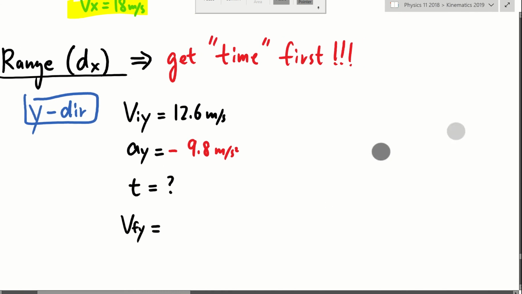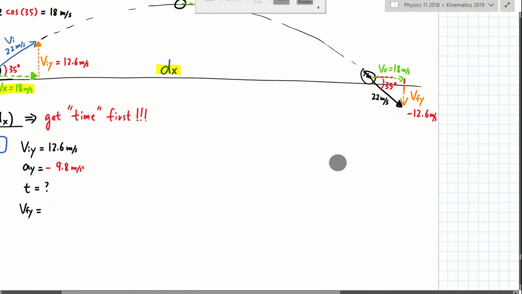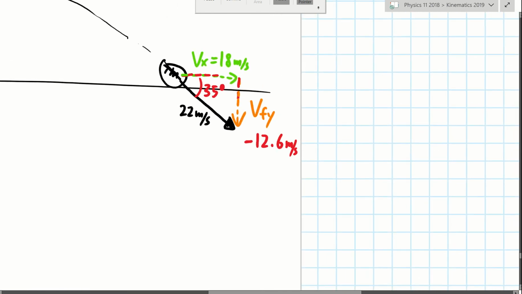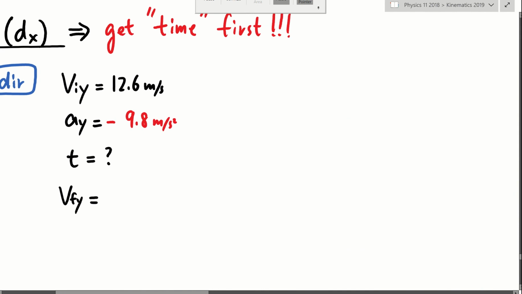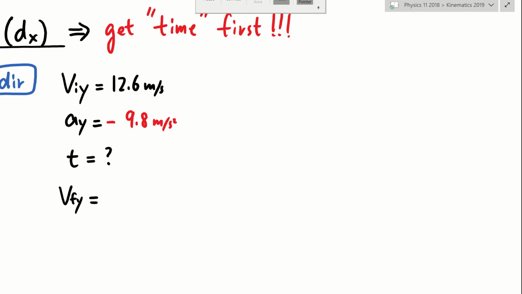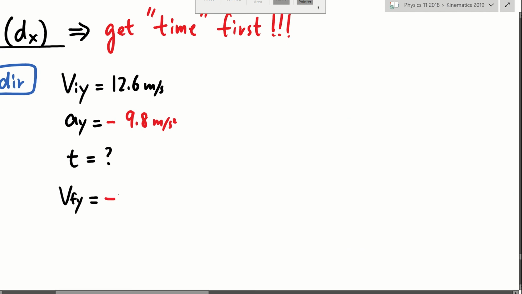Because we are catching the object at the same height, what goes up must come down with the same speed. Just put a negative in front. So it's 12.6 but with a negative in front.